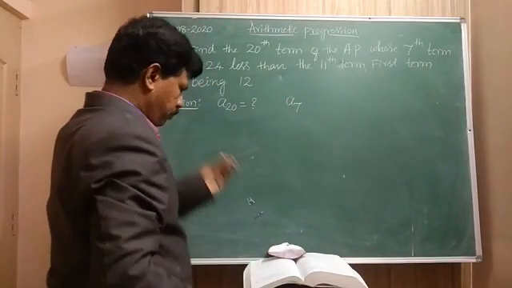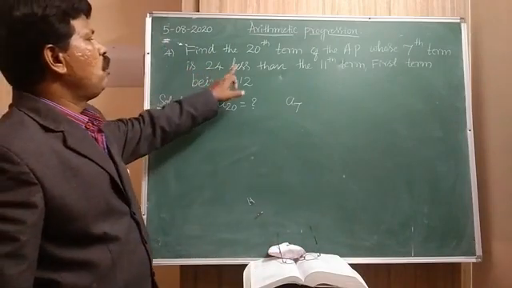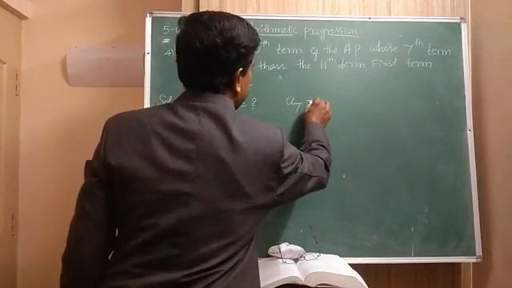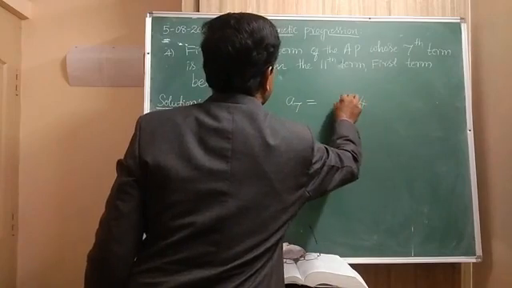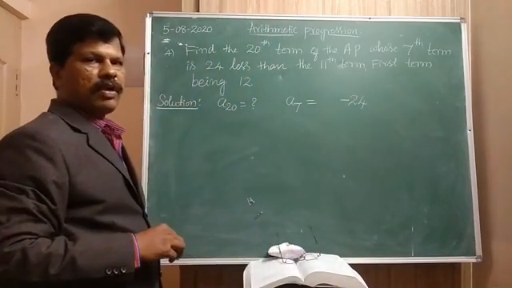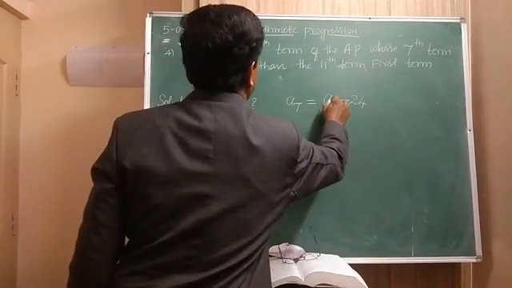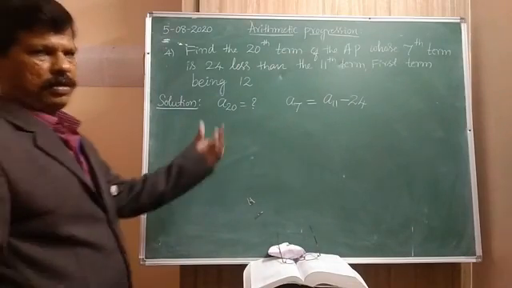Seventh term, A7, is 24 less than. So A7 is equal to, 24 less means minus, 24 less than the 11th term, A11.